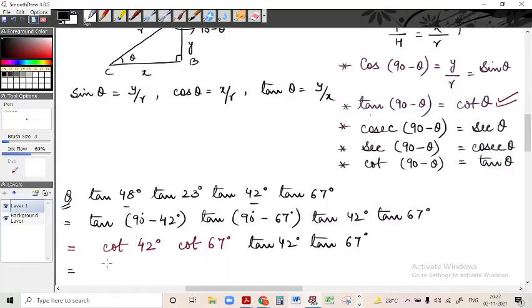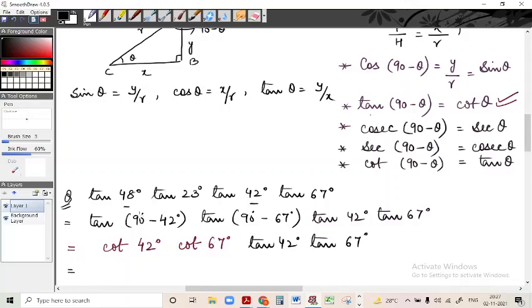Again I am telling you, tan (90 minus theta) is cot of theta, so it will become cot of 42. Tan (90 minus 67) will become cot of 67, as you can see on the screen. Okay, so this is tan 42, tan 67.